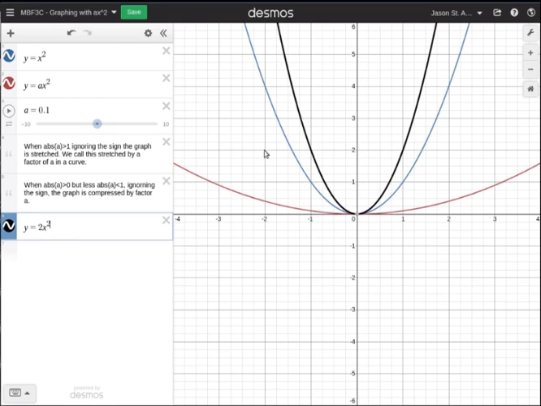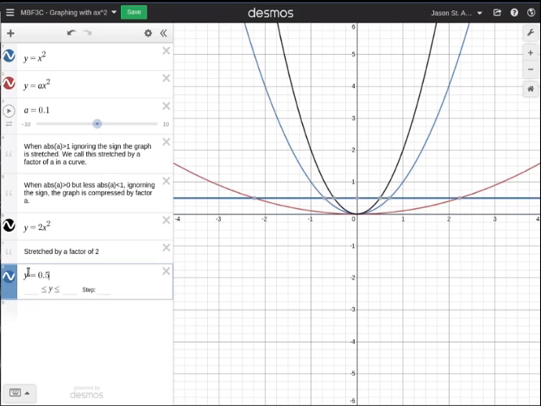When we look at that black graph compared to y is equal to x squared, it's skinnier. So you could literally say that this graph is stretched by a factor of 2. So essentially what we're doing is we're multiplying each of the y values of the graph by a factor of 2.